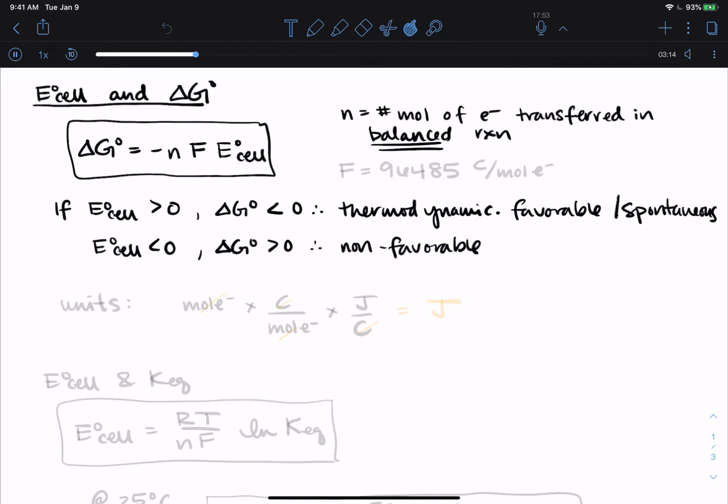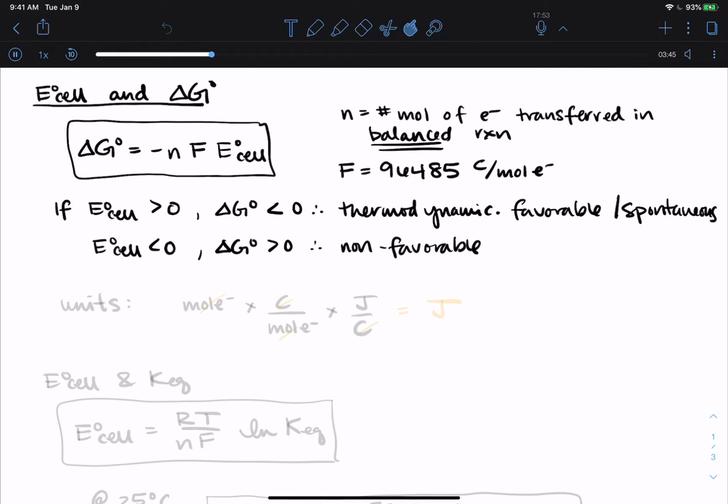If your half reaction had 2 electrons in it, but then you had to multiply that half reaction by 3 in order to get them to cancel out, the N that you're looking for is 6. So you have to make sure that you're looking at the overall reaction when you do this calculation. And then F is Faraday's constant, and it is 96485 coulombs per mole of electrons.